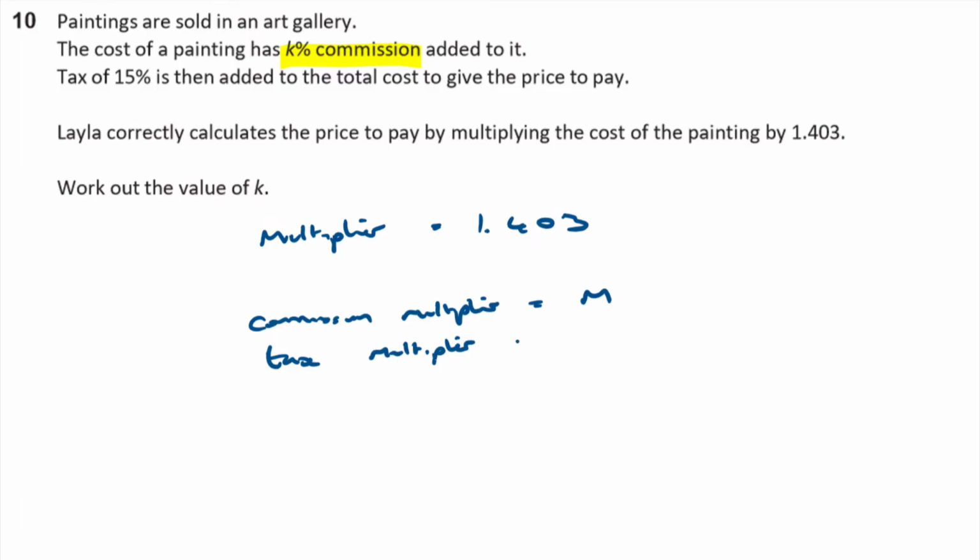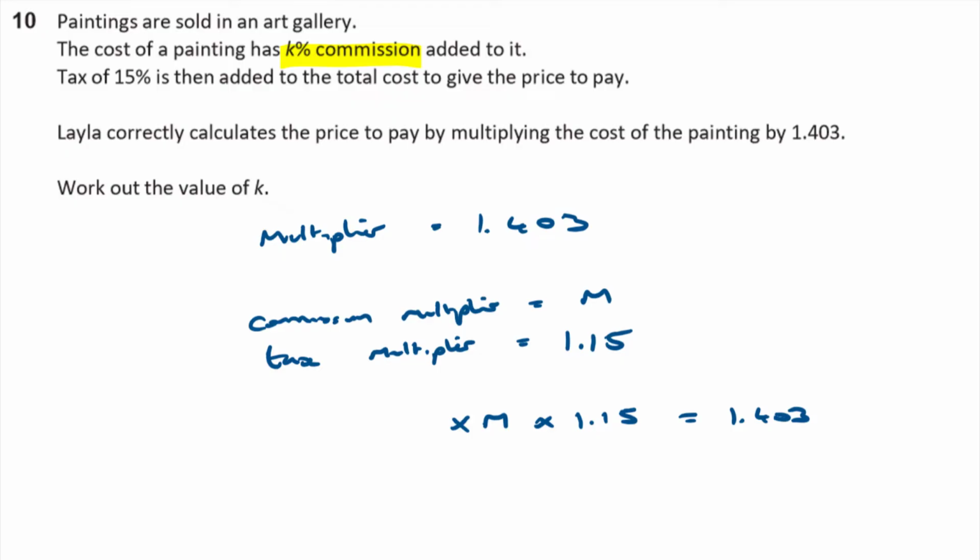Now if you've got 100% and you increase it by 15%, you've got 115%, which is 1.15 as a multiplier. Okay, so my multiplier of M times the multiplier of 1.15 has got to be the same thing as my multiplier of 1.403.